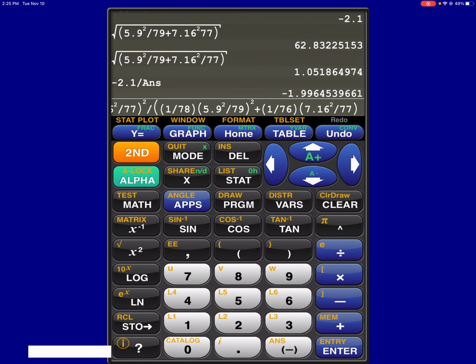Then square that whole thing, and one final parenthesis.